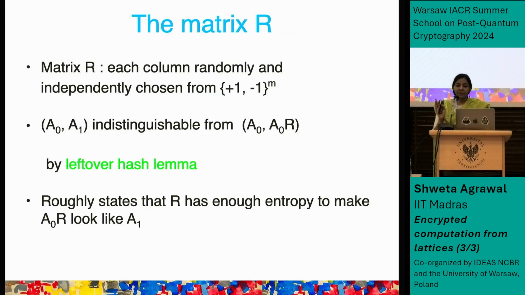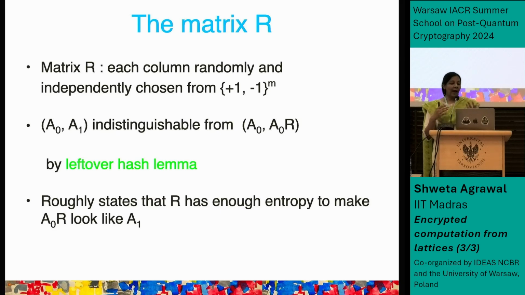So a word on the matrix R. This is a bit redundant since we already saw it yesterday. It needs to be low norm for sure. You can think of it as being Gaussian, or even binary, as long as the matrix R is big enough. Think of it as a square matrix.